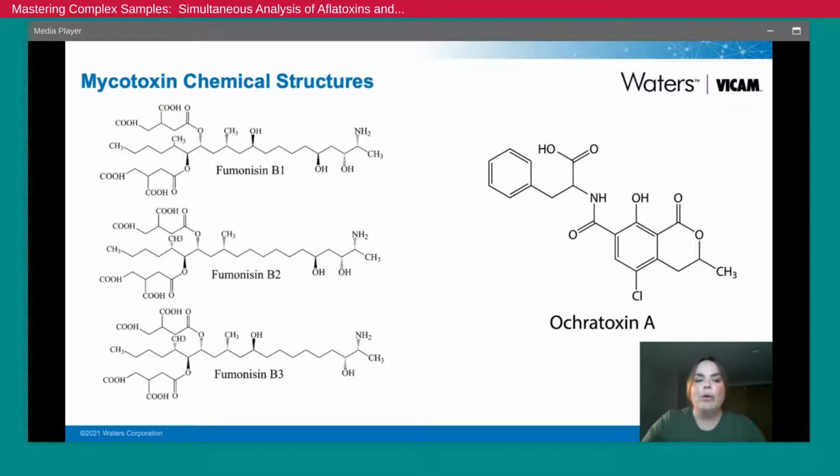Now we will go over mycotoxin chemical structures. Shown here are the structures for fumonisin B1, B2, B3, and ochratoxin A. Fumonisins, which were discovered in 1988 in South Africa, differentiate by a hydroxyl group. Fumonisins predominantly occur in cereal grains, especially in maize.